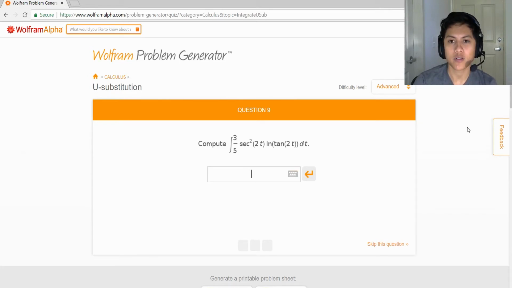So I'll have 1 over tan 2t times, right, secant squared. Okay, so if the derivative of log tan 2t is 1 over tan 2t times secant squared 2t.